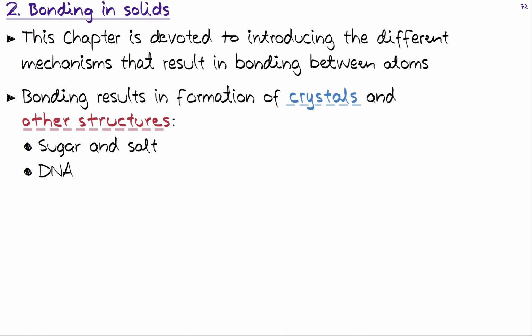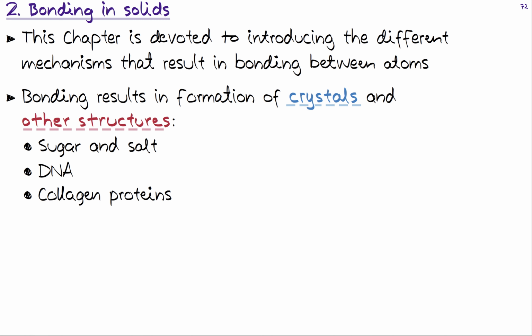Another example, and there was a Nobel Prize for the discoverers: DNA molecules. They are also highly structured, but not periodic in the sense that we understand when we say we have a crystal. Another substance, a family of proteins from biology, are collagen proteins.